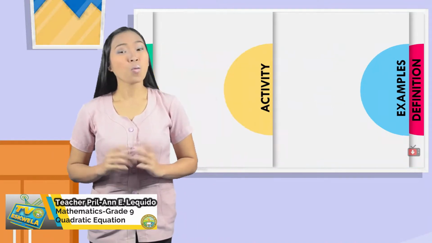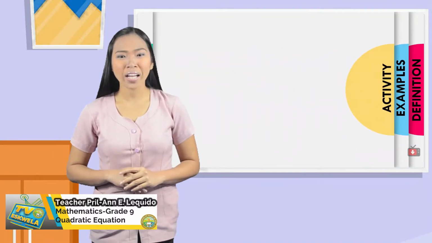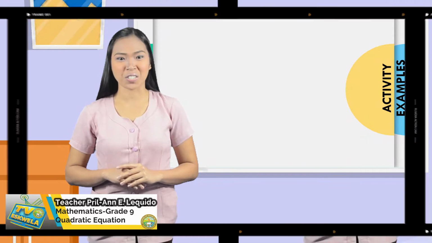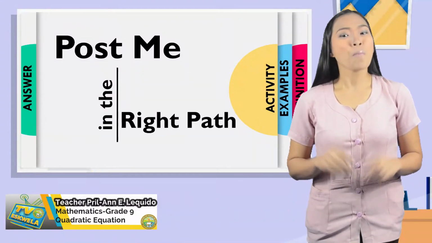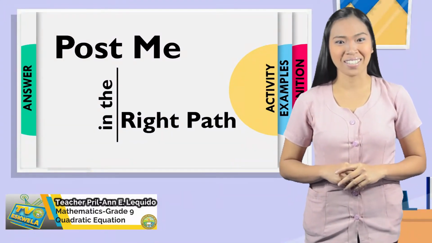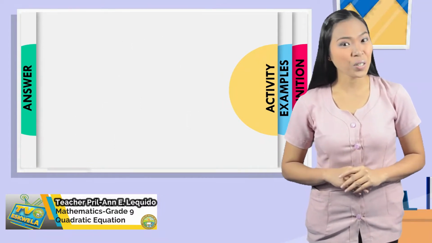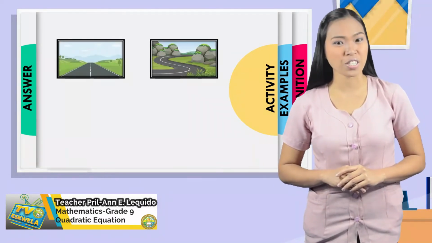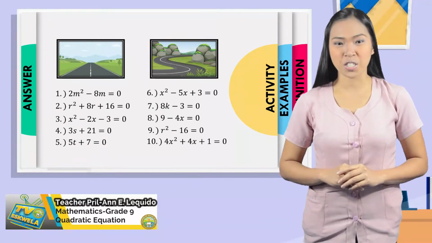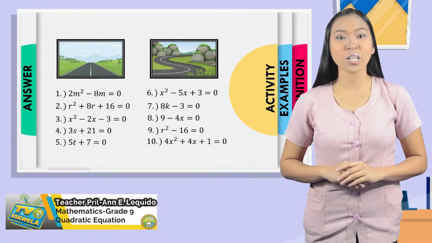This time, I want to find out how well you know linear equations with the activity Post Me in the Right Path. I'd like you to identify the following equations as linear equation or not a linear equation.